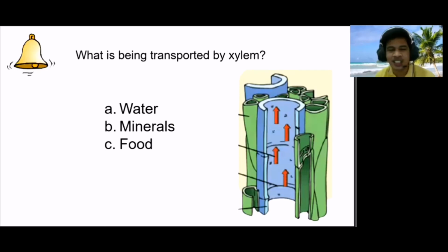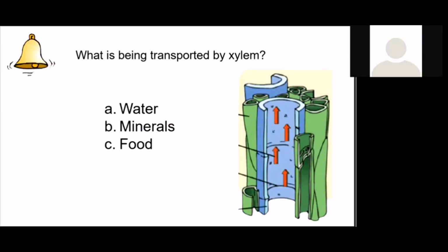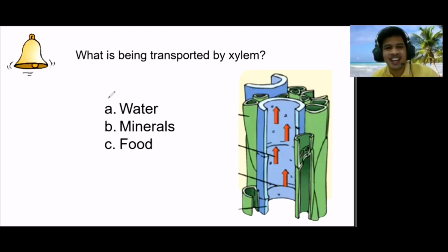What else? Only mineral? Water. All right, very good. Water and minerals. Okay, A and B are correct. Water and minerals are being transported, meaning xylem carries water and minerals from the ground going to the different parts of the leaf. Very good.